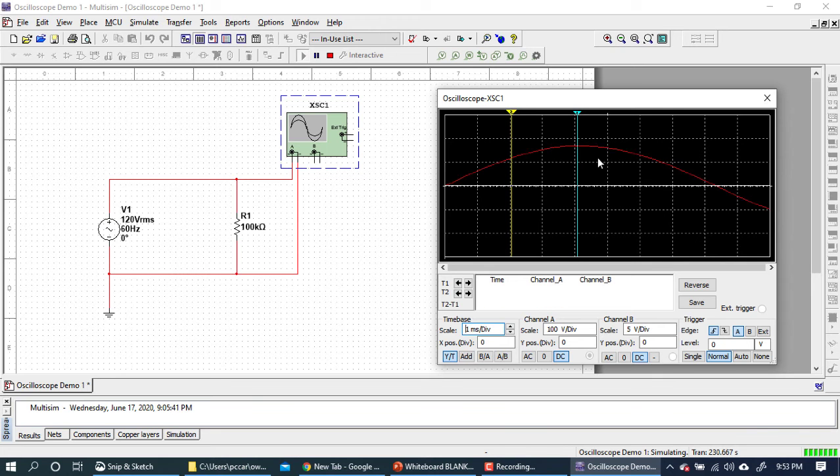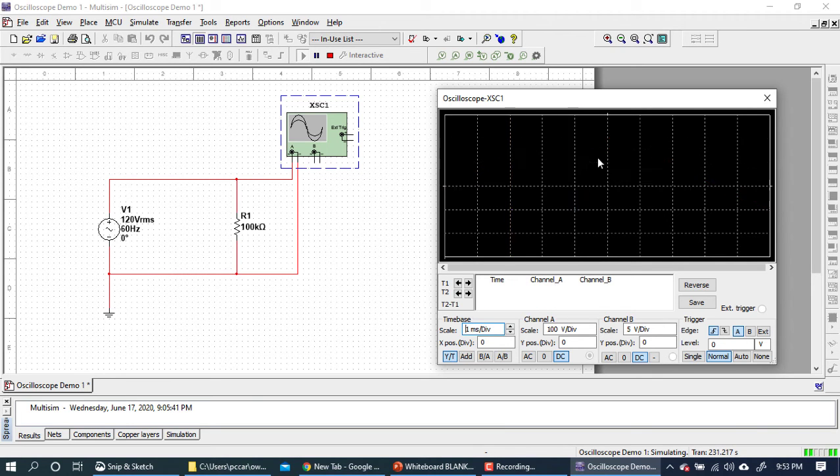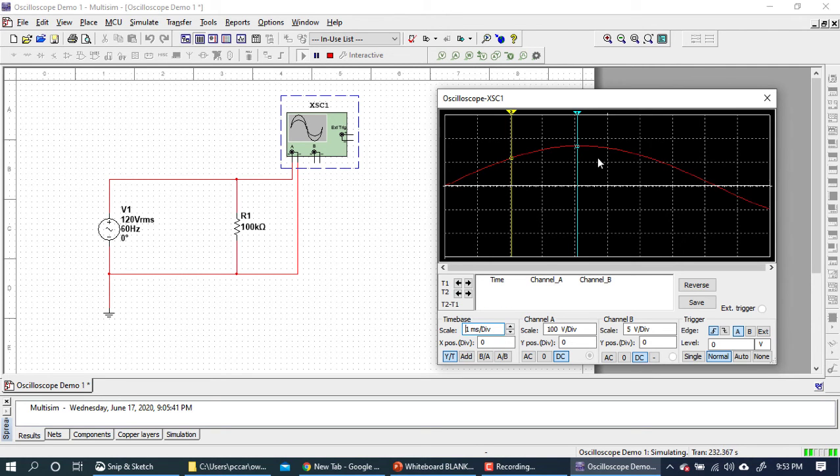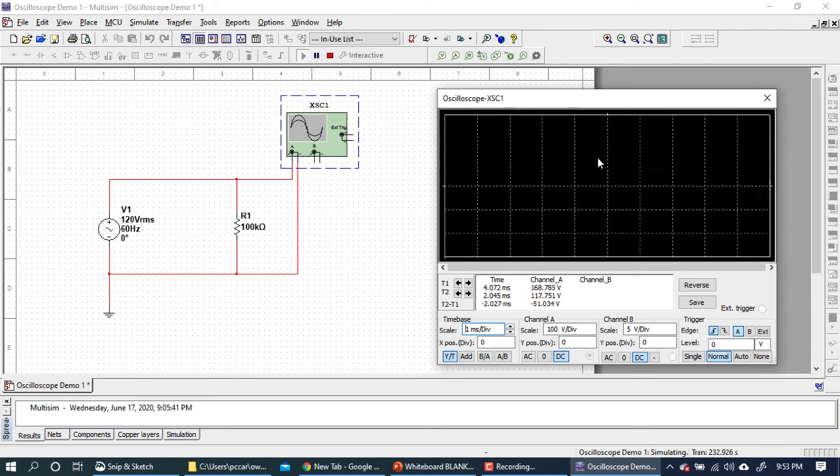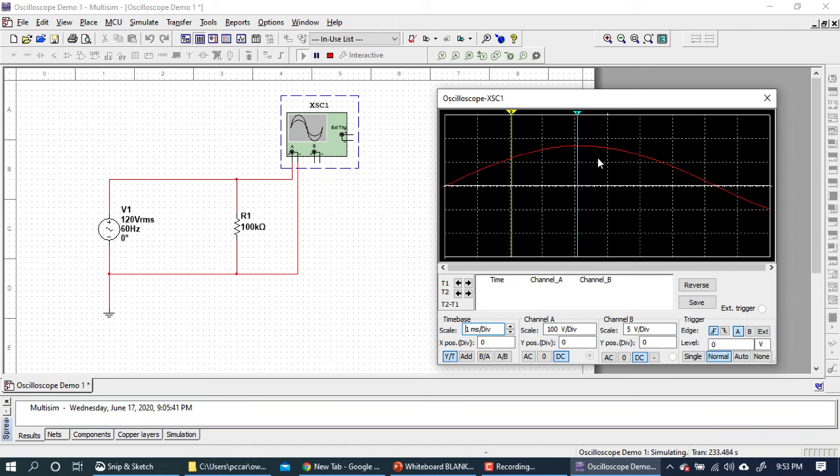So 4.1666667 is the time in 90 degrees, or that's 25% of the entire period.